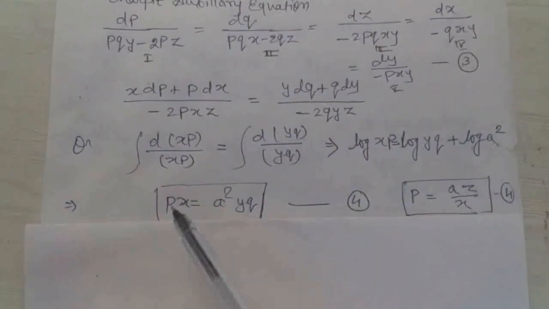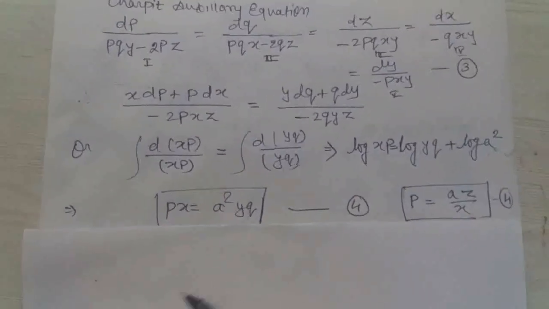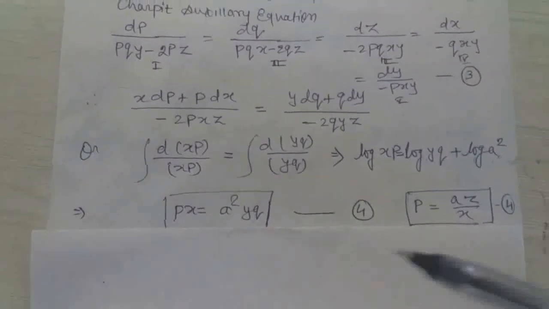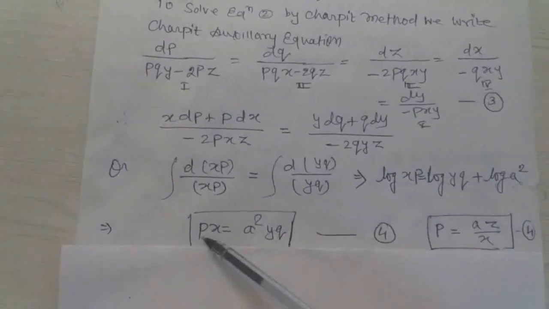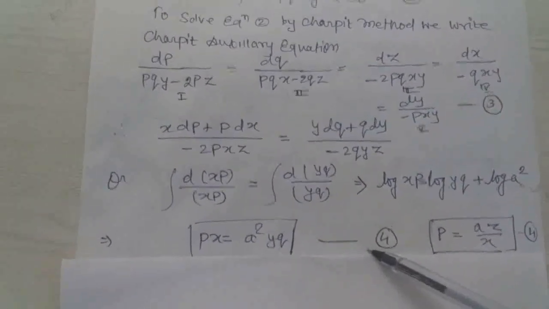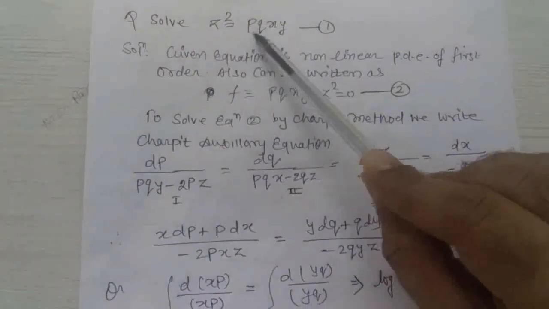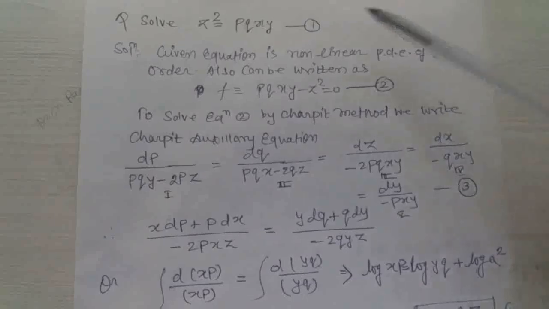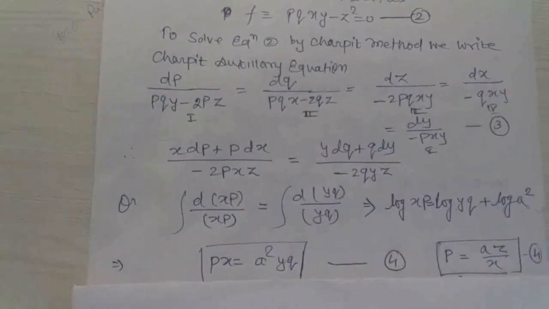Now this is a relation between p and q, but we have to obtain the values of p and q in terms of x, y, z only. So putting the value of px from equation 4 into equation 1, for px we write a²yq.